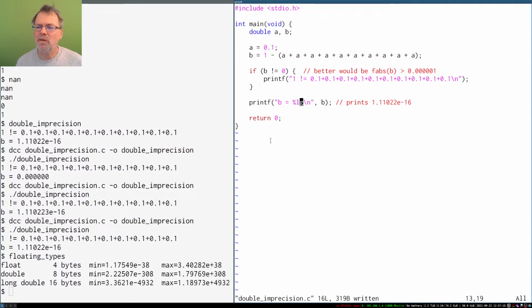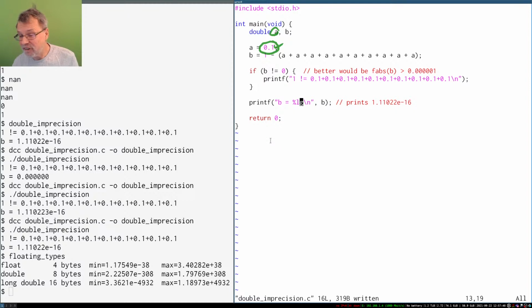So this is my problem in this program. It's the 0.1. Turns out there's no bit pattern for a double that represents 0.1. So out of all the 2 to the 64 possible bit patterns, 10 to the 20 possible bit patterns, none of them is exactly 0.1.